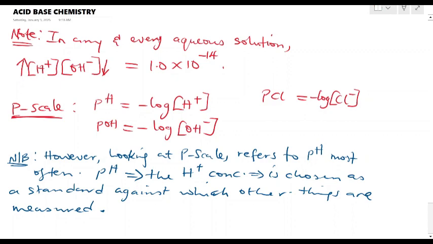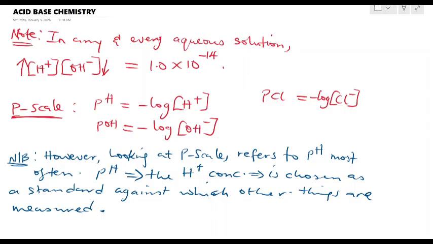Hydrogen ion concentrations are generally very small. They are very tiny numbers, like 2.6 times 10 raised to power minus 3. So instead of dealing with those tiny numbers, they developed the idea of P scale, because they want to deal with numbers that are more natural, like 6.2, 7.4, etc. You can use the concentration directly if you wish.